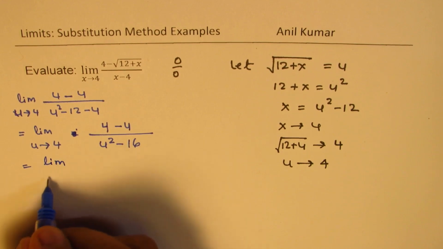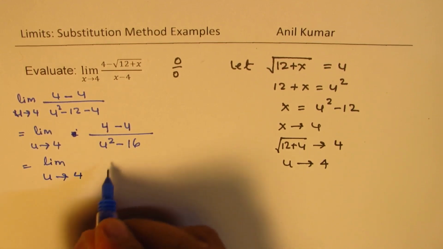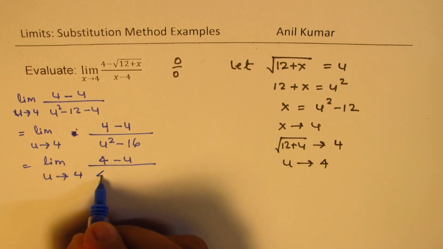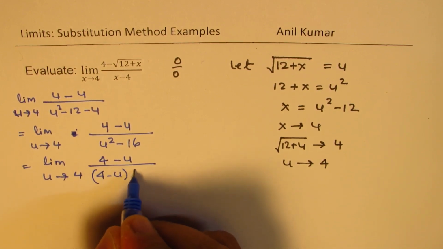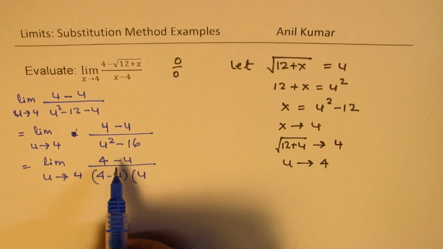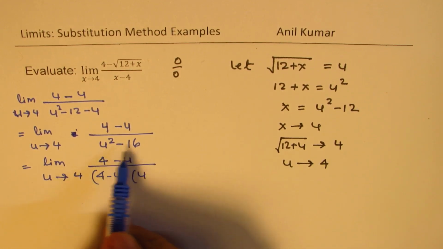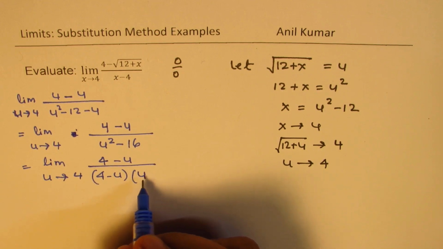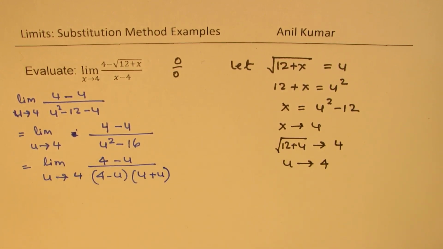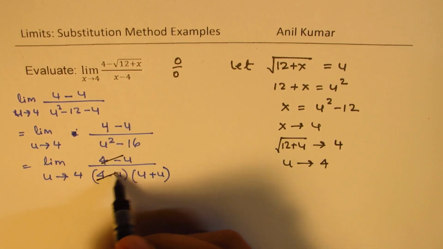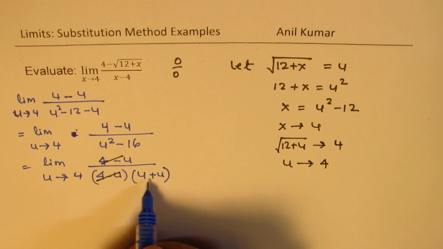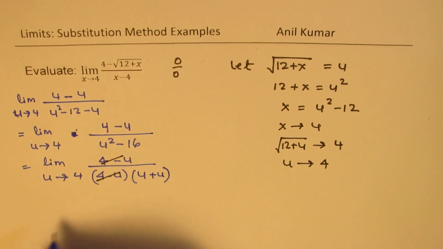So limit of u approaches 4, we have 4 minus u over, this could be written as 4 minus u times 4 plus u. Now clearly this 4 minus u cancels, and we get 4 plus u. One of them is a 4, okay?